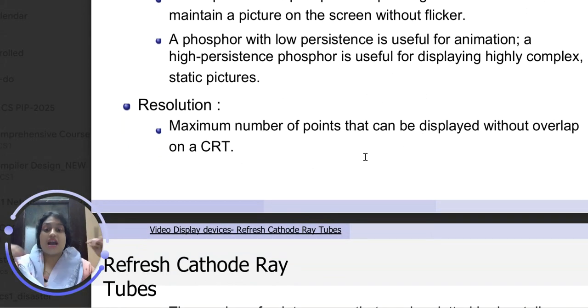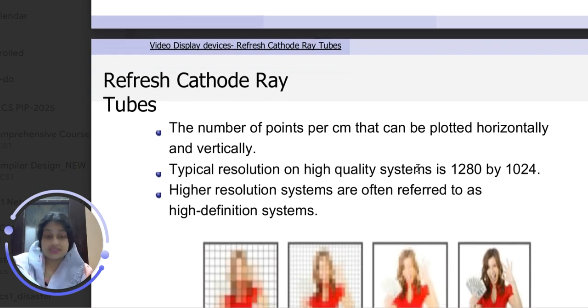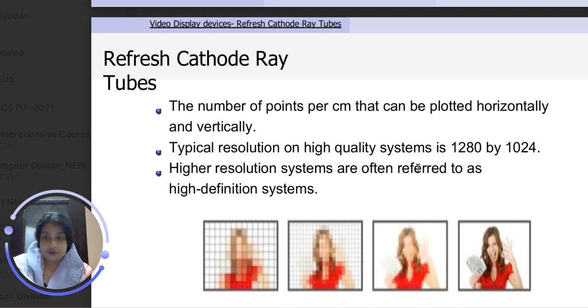Resolution is the maximum number of points that can be displayed without overlap on a CRT, or the number of points per centimeter that can be plotted horizontally and vertically. A typical resolution on a high quality system is 1280 by 1024.